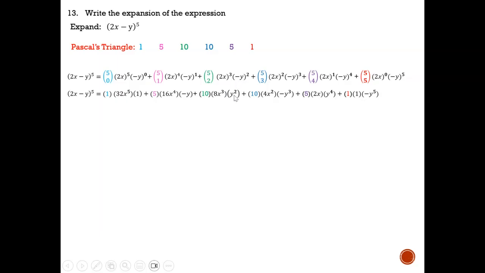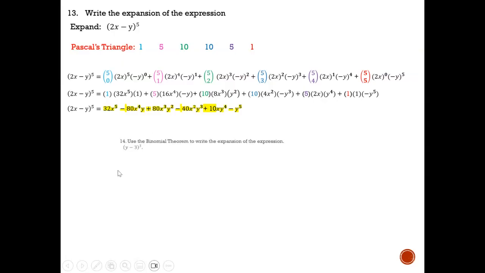Negative y squared will give us positive y squared. 2x squared will give us 4x squared. Negative y to the 3rd power will give us negative y to the 3rd power. And 2x to the 1st power will give us 2x. And negative y to the 4th power will give us positive y to the 4th. And finally, 2x to the 0 will give us 1. And negative y to the 5th power stays as negative. Now we multiply them out. So this is my solution.